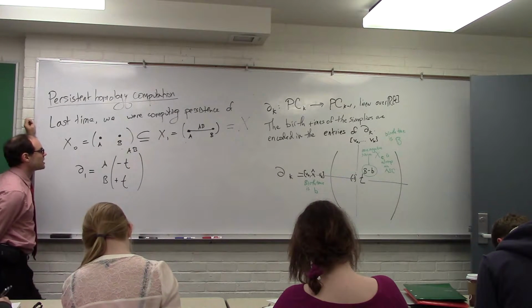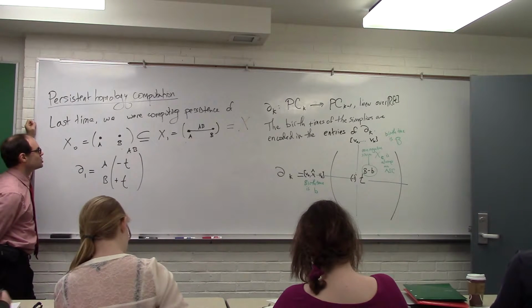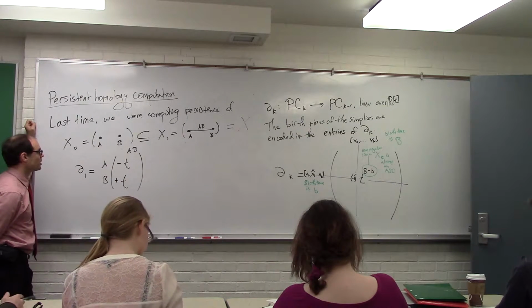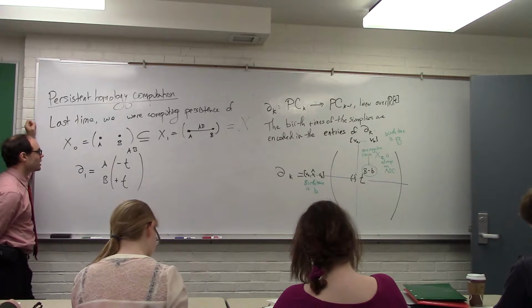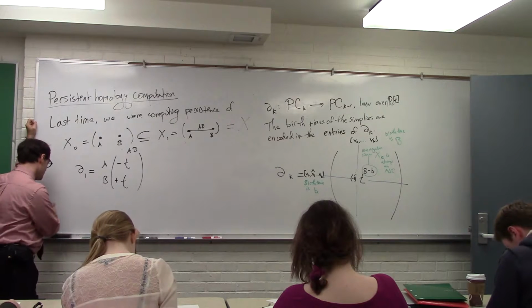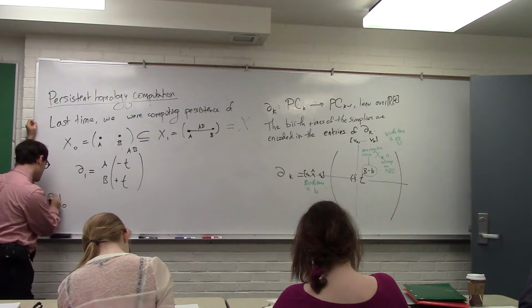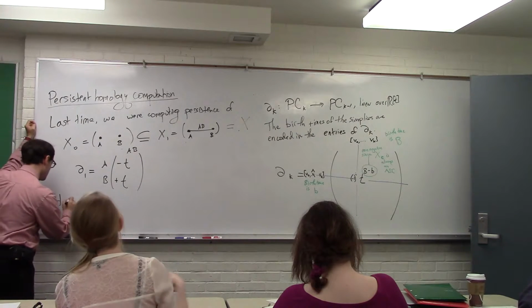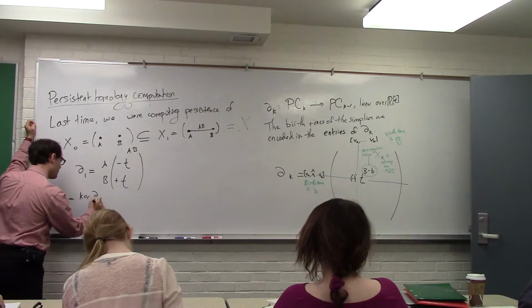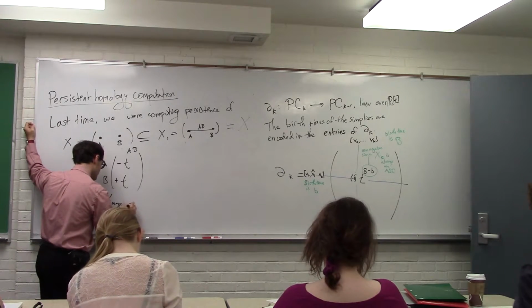Now, let's see if this comes up with a space that looks much like the barcode that I drew. Alright, so let's see what happens. So, what is PH0? It is going to be the kernel of boundary 0 modulo the image of boundary 1.